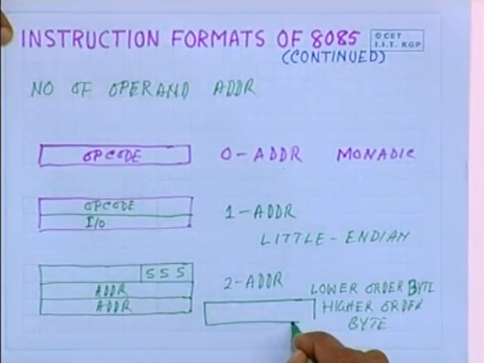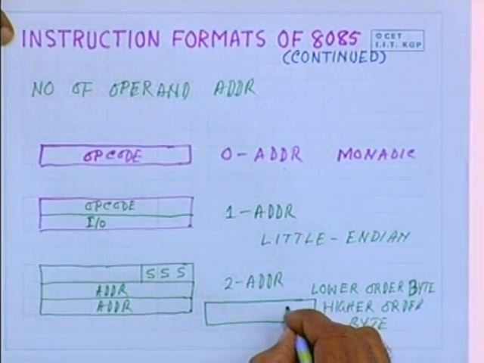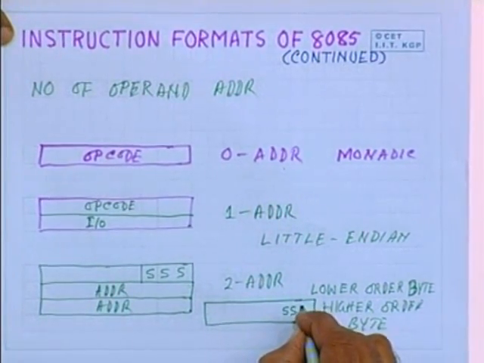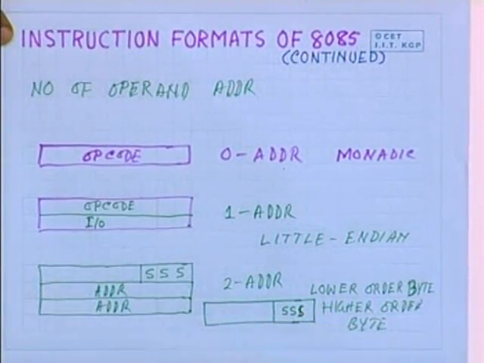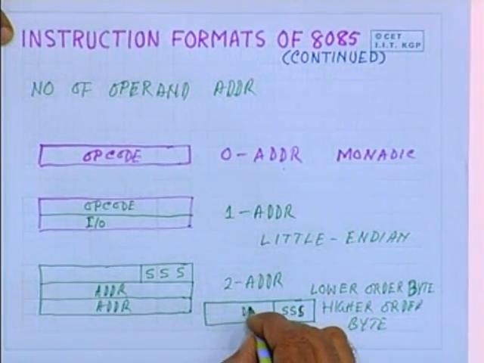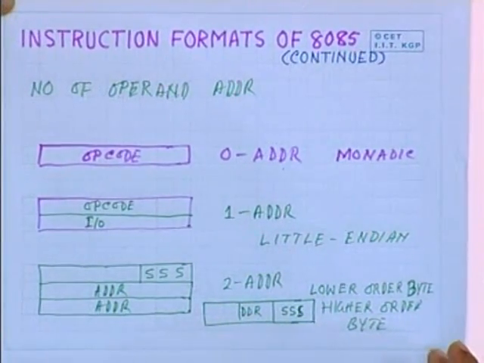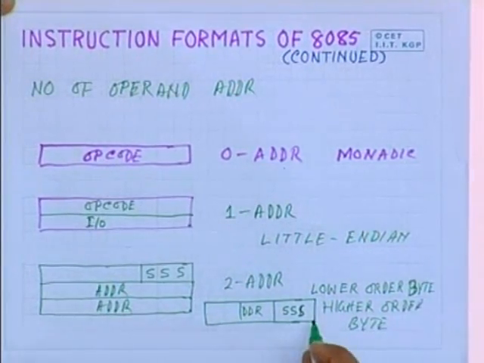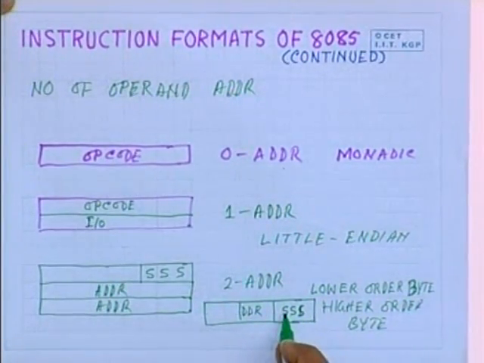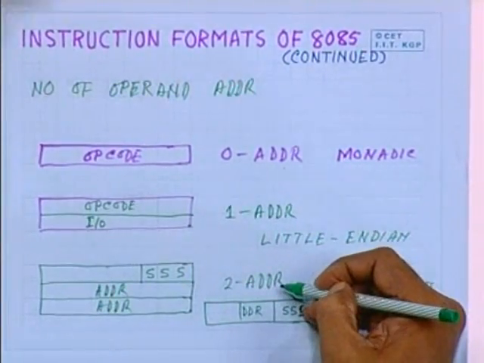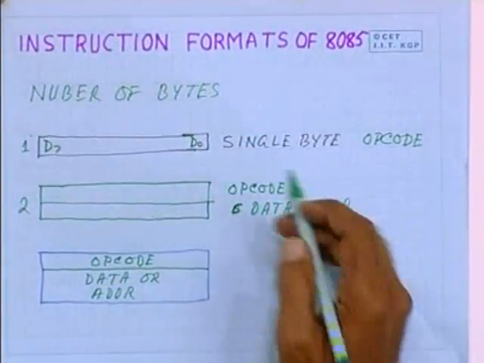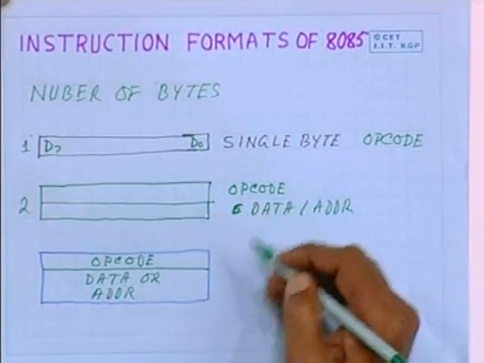If you use registers, for example, one source register can be specified by 3 bits, the destination register by another 3 bits, and the remaining 2 bits form the opcode. So with a single byte, it can be a 2 address instruction. So 0 address, 1 address, and 2 address have no direct correspondence with single byte, 2 byte, or 3 byte. A 2 address instruction can be a single byte instruction, a 2 byte instruction, or a 3 byte instruction.